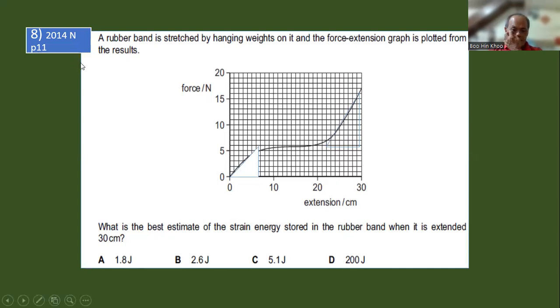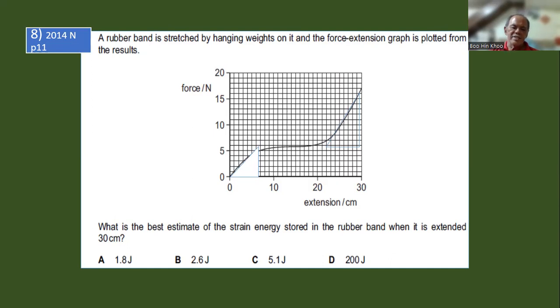A rubber band is stretched by hanging weights on it, and a force-extension graph is plotted from the results. What is the best estimate of the strain energy stored in the rubber band when it is extended to 30 cm? Right? Remember? The strain energy is the area under the graph.